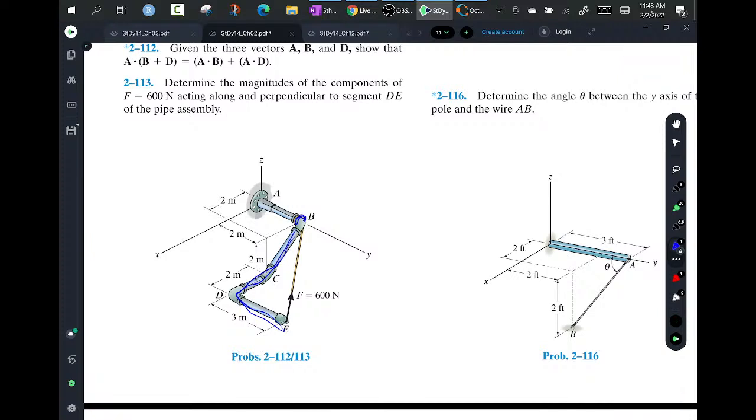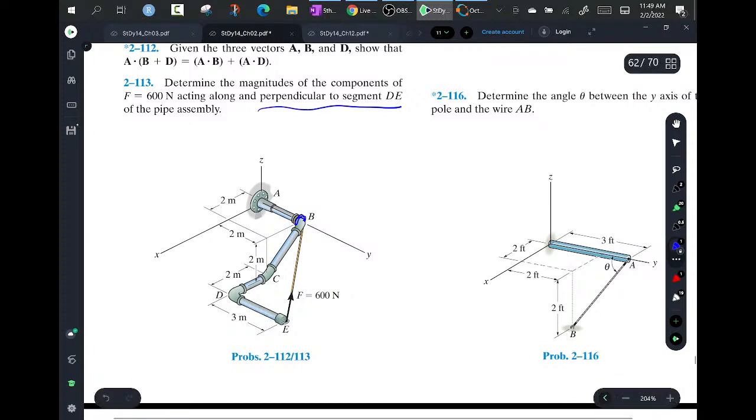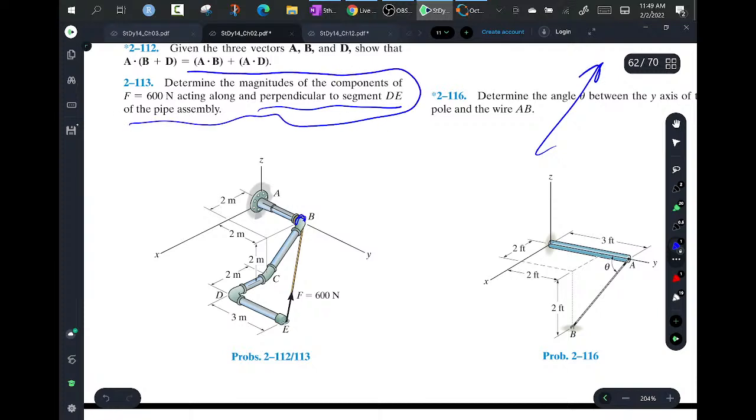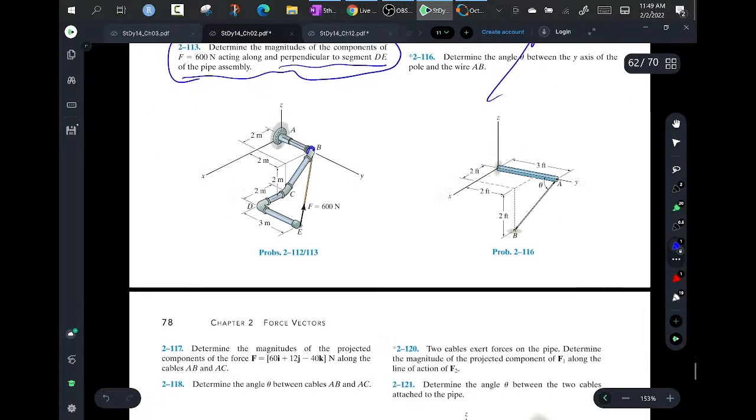So you might want to know, for example, if there's too much axial load here? So you might want to know that component in that direction. And he says perpendicular to segment DE. So that's another thing that we need to do, but I guess the time is. You know what? We'll look at this one next time, because there's an extra component here. After you find it along a direction, you've got to figure out how to find it along the second direction.